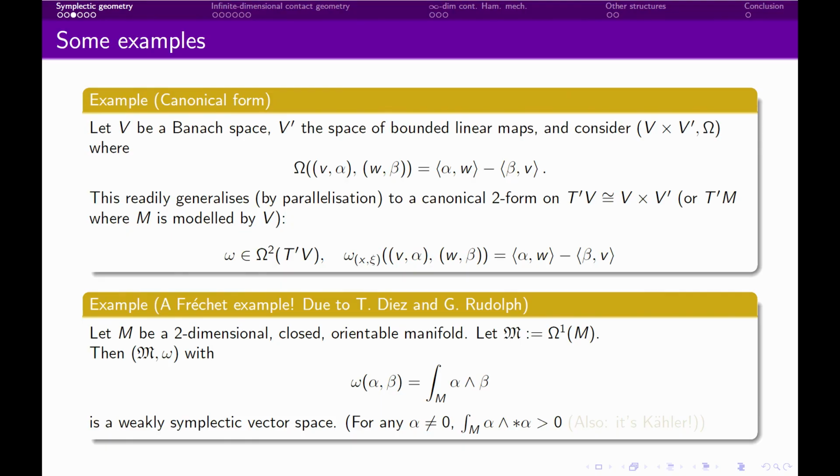But this is a nice example, I think. Also, interestingly, this makes the Hodge star into an almost complex structure that then makes everything Kähler. I guess maybe we'll find out more about that tomorrow.